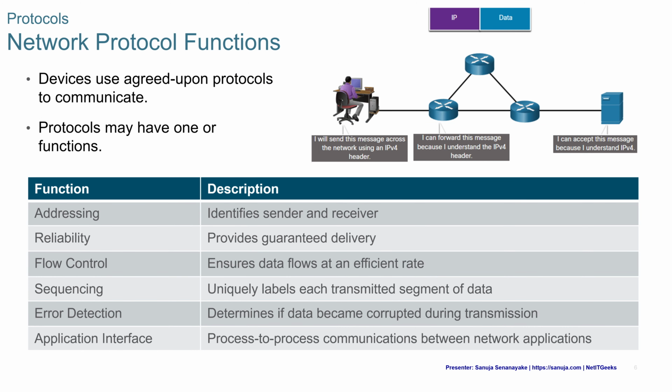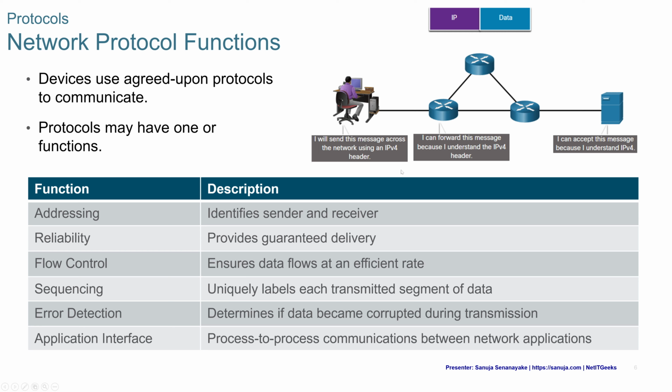Network protocol functions include devices using agreed upon protocols to communicate, and protocols may have one or more functions. For example, functions of addressing, reliability, flow control, sequencing, error detection, and application interface.